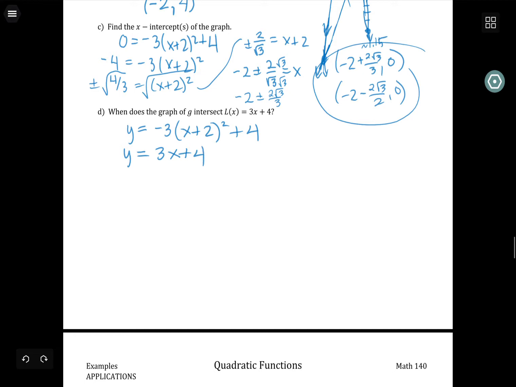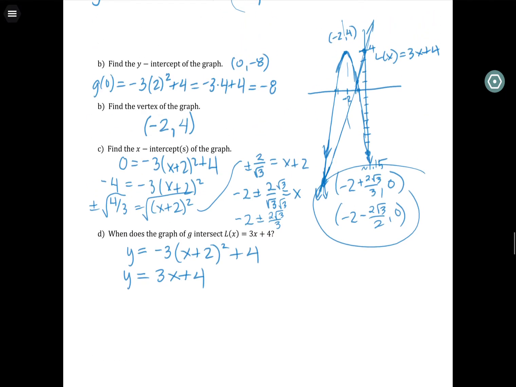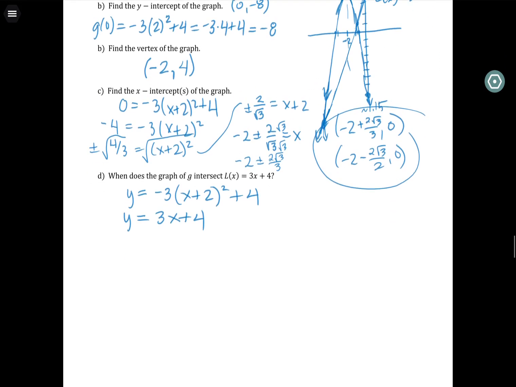And I'm temporarily going to hide that function notation because while the name L emphasizes that that's the function that multiplies by 3 and adds 4, I'm really just interested in the fact that it has y values and my original function g has y values, and I want to know when the x's and y's are the same.